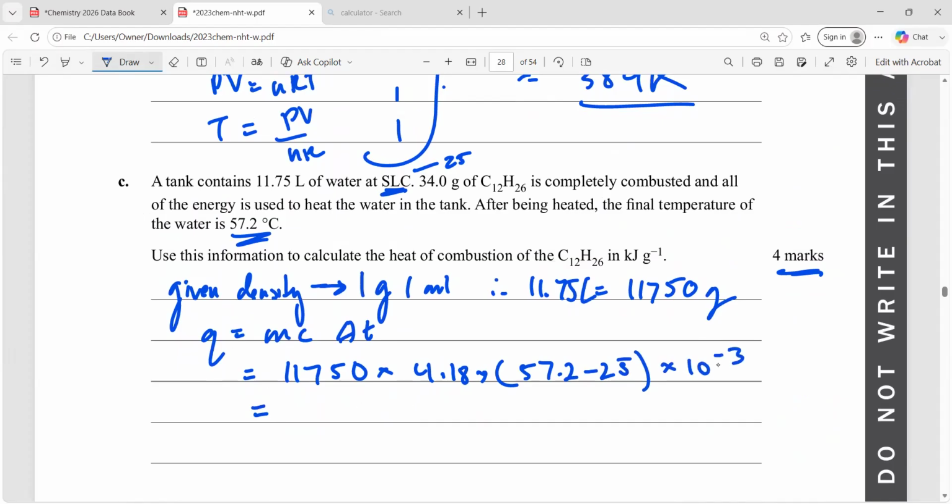So let's divide it by 1,000 because we wanted to get it in kilojoules. I think that's the place in which people bleed the most marks. 11,750 times 4.18 times, in brackets, 57.2 minus 25, close the brackets. And then let's divide it by 1,000.